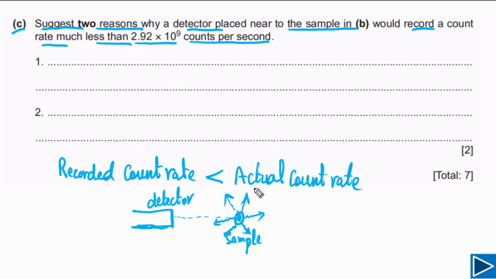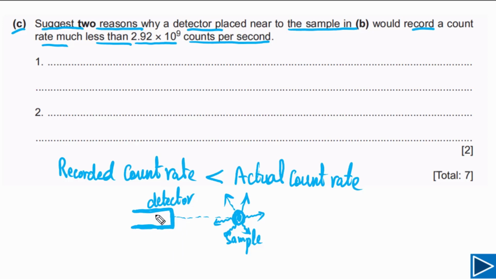And the second reason we can say, as these radiations travel from here to the detector, there is a gap between these two. So some of the radiations will be absorbed by air. That's the reason count rate will be less than activity. And some radiations also will be absorbed by the window of the detector. So this also will cause a decrease in count rate.